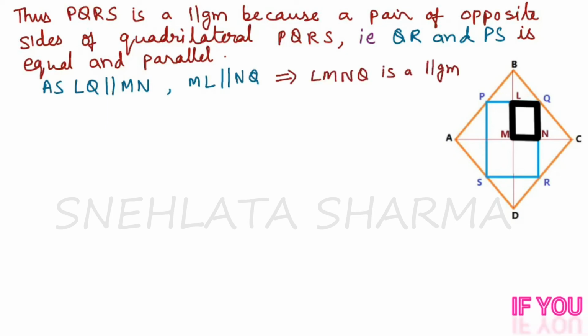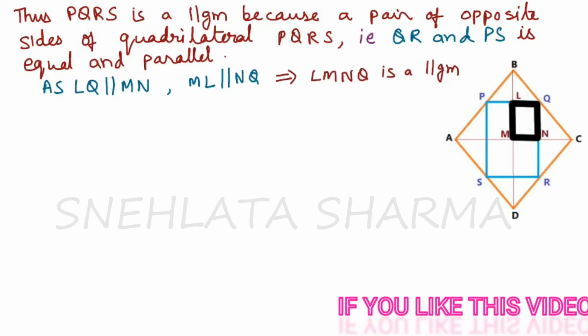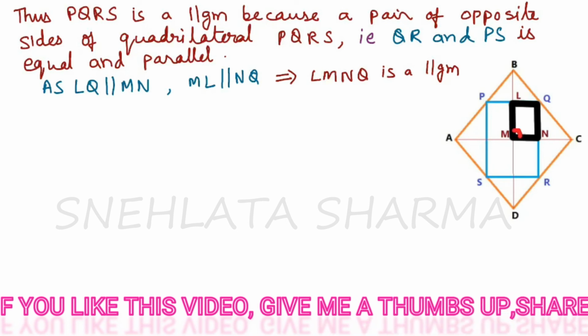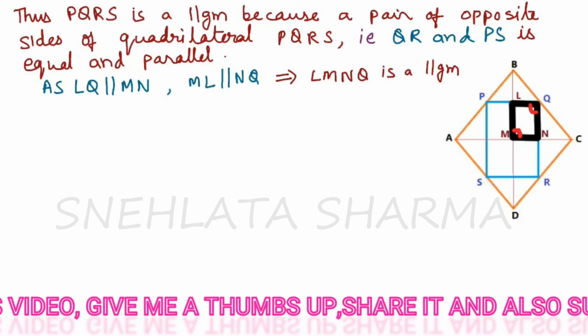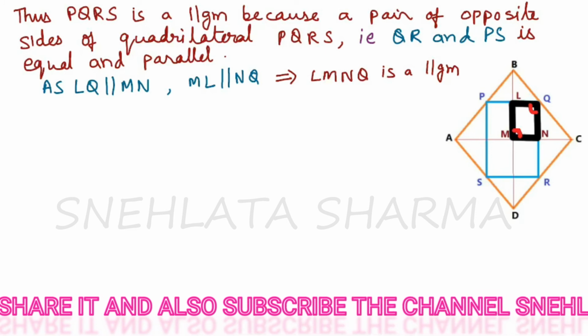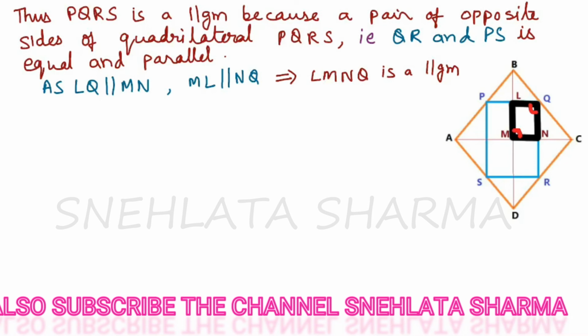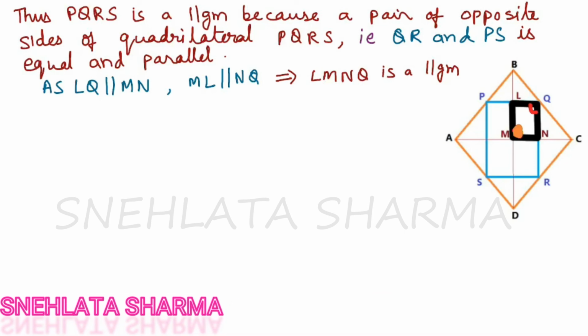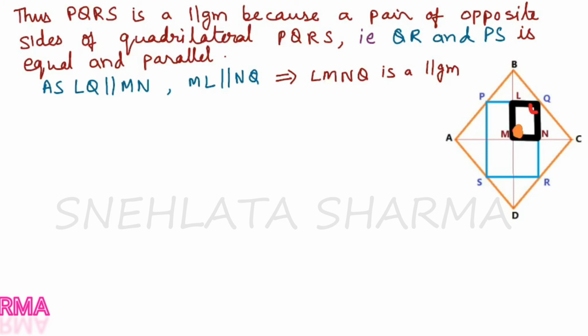Now in this parallelogram, we have angle LMN. This angle is equal to this angle, angle LQN, because opposite angles of a parallelogram are equal. Also, we have angle LMN is equal to 90 degree. So this angle is 90 degree because diagonals of a rhombus are perpendicular bisectors. It means angle LQN is also 90 degree.